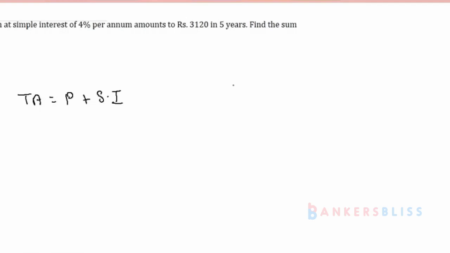If we go with the general method, SI is equal to P into T into R whole divided by 100. I do not know SI, I do not know the principal amount, but I know the total amount. So in the place of SI, I can write total amount minus principal amount.